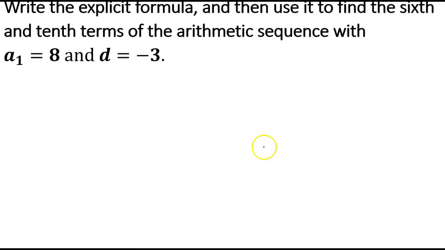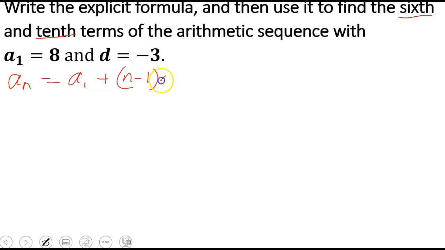Okay. So write the explicit formula and then use it to find the 6th and the 10th term. Now we know the skeleton, so we just use it. an equals a1 plus n minus 1 times the common difference.